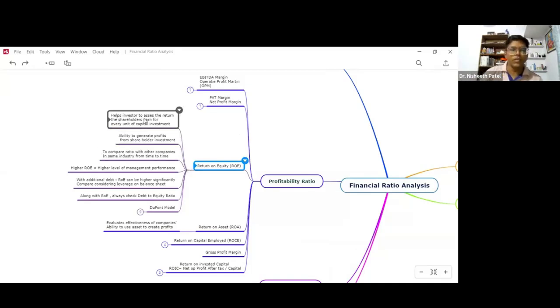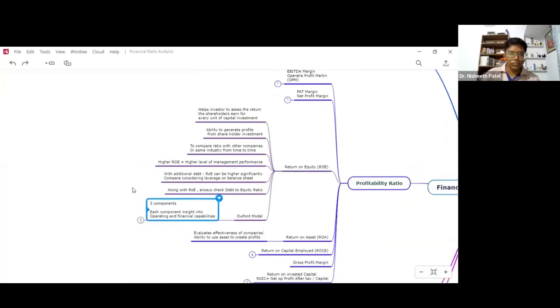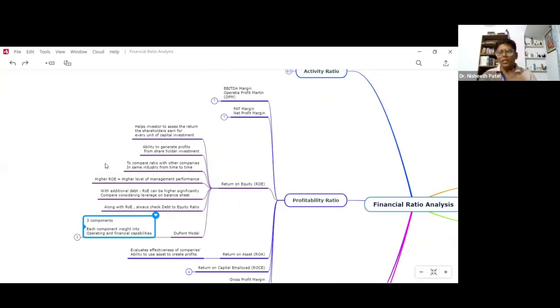That helps investors assess the return the shareholder earns for every unit of capital invested. So return on equity and return on capital employed are almost the same thing, but in return on equity we don't have to consider the debt portion much. How much leverage the company has taken, how much loan or debt there is, they don't cover that much, okay. And it helps to understand the ability to generate profit from the shareholder investment.